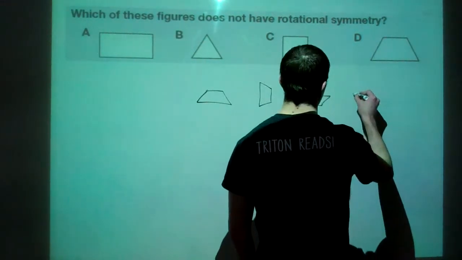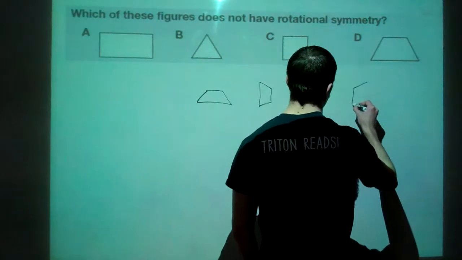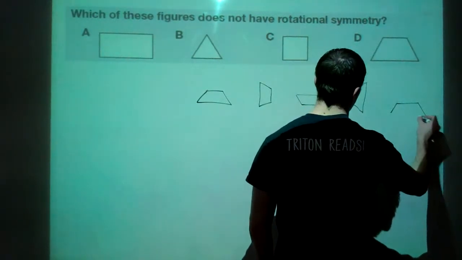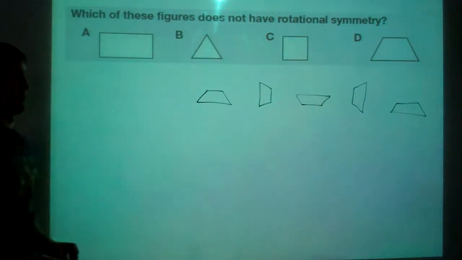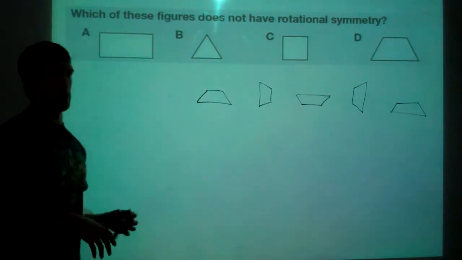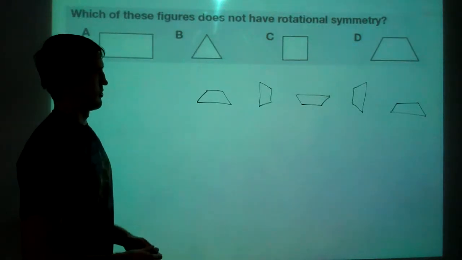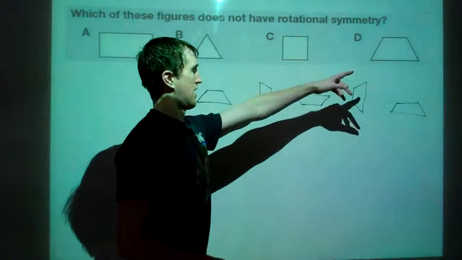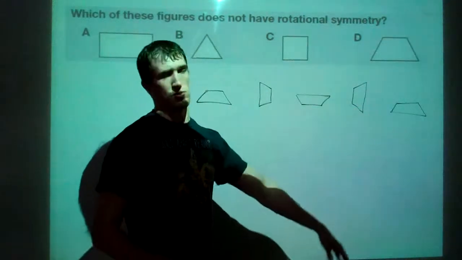Rotate it again, it'll look like this. And then rotate it again, we get the same shape. But that would be a full 360-degree turn. So D is the one that does not have rotational symmetry because it doesn't look the same as it does there until we get it back to its original spot.